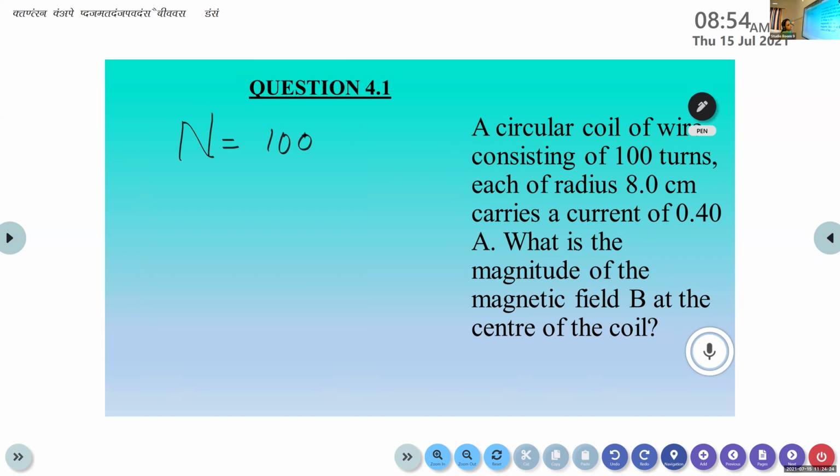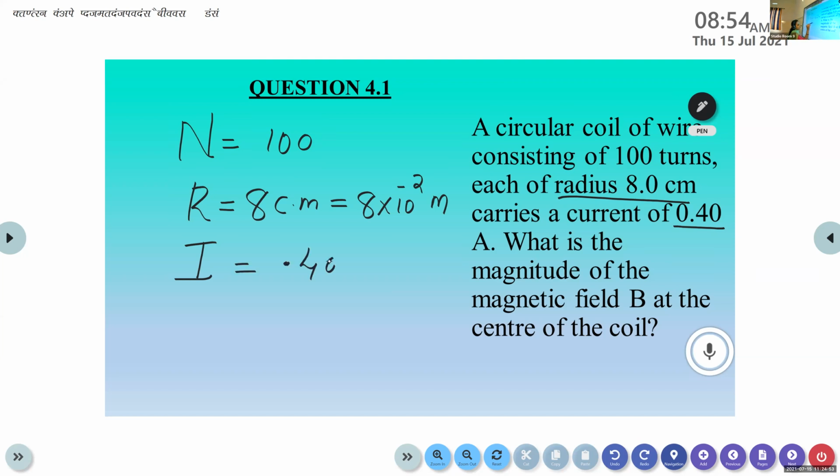The radius R is equal to 8 centimeter, so we need to convert it into meter. That is equal to 8 into 10 raised to minus 2 meter. And it carries a current of 0.40 ampere, so the current is also provided: I is equal to 0.40 ampere.